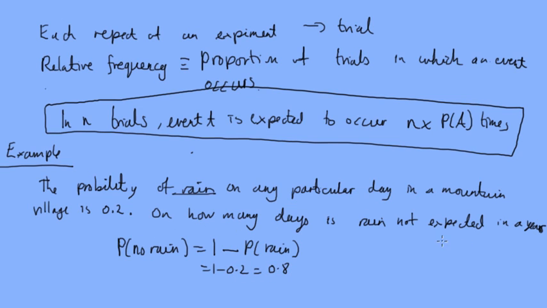Now, a year is 365 days, so it's expected to occur 365 days multiplied by 0.8, which is 292 days. That is expected to be dry and not raining. So hope that helps.